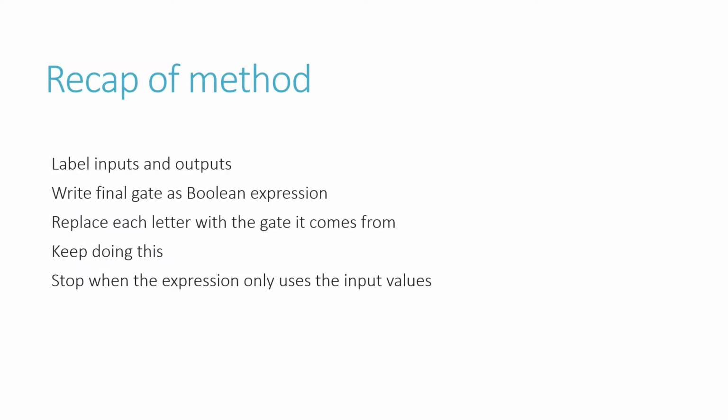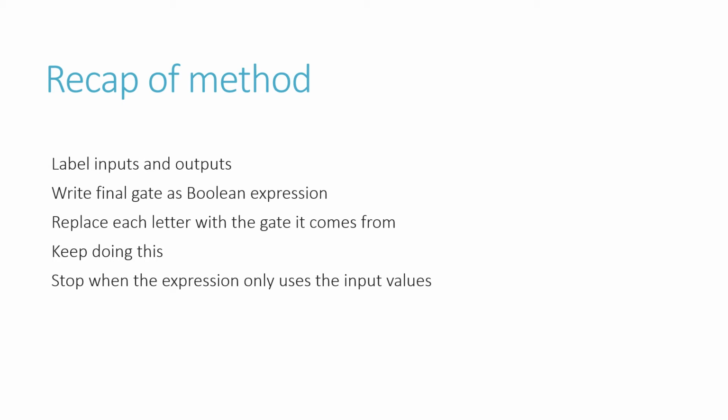So let's recap the method that we've just used. Label all the inputs and outputs with letters. This is just for convenience. Write the final gate as a Boolean expression, and then replace each letter in that expression with the gate it comes from, and keep working back like this.